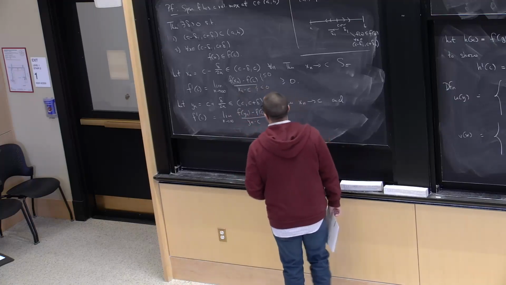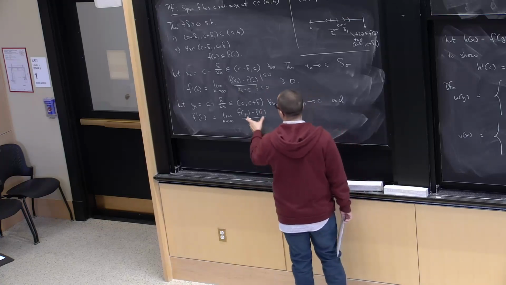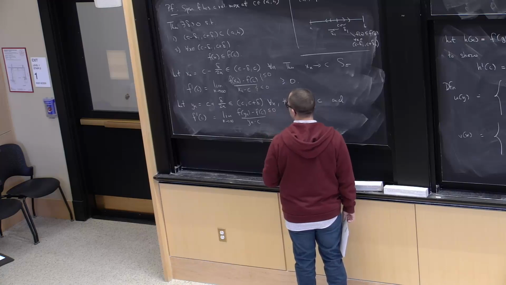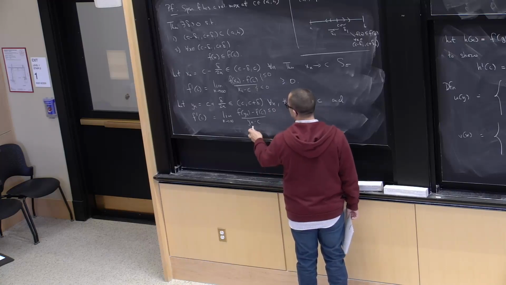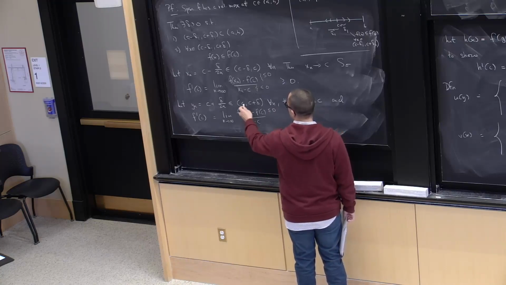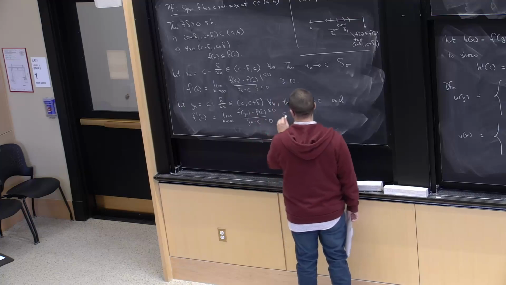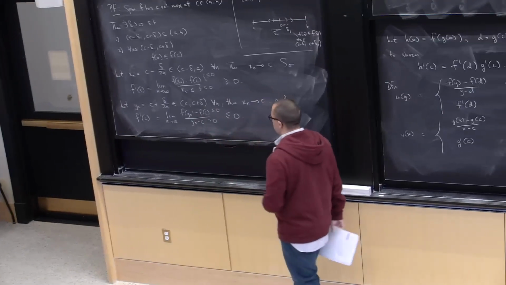Again, f of c is a relative maximum, so this thing on top is still less than or equal to 0. And the thing on bottom, though, since y sub n is bigger than c, is positive. So something on top is negative, something on bottom is positive, so the limit must be negative.